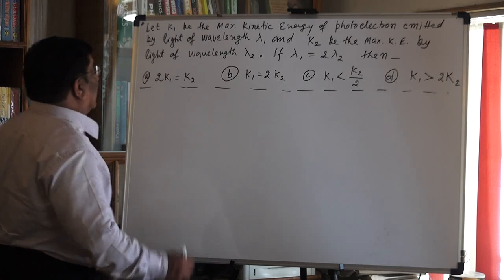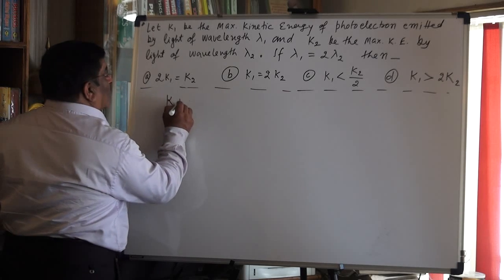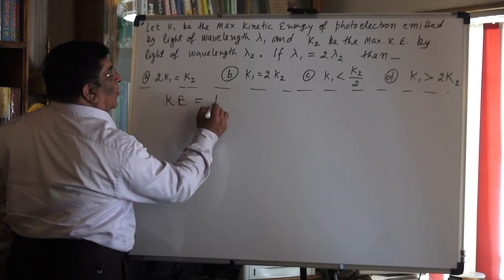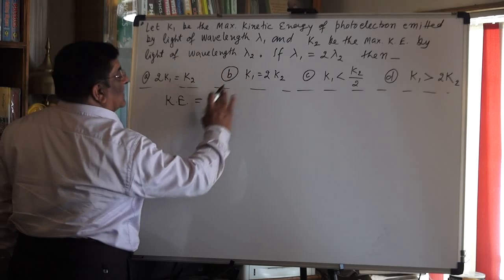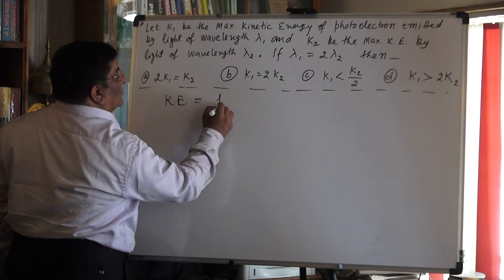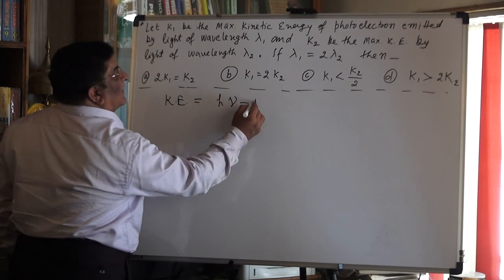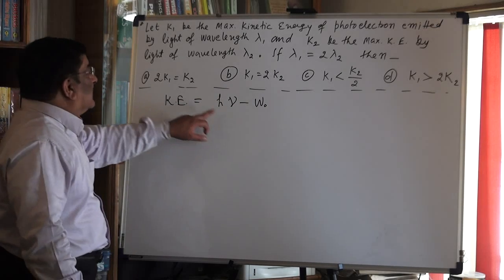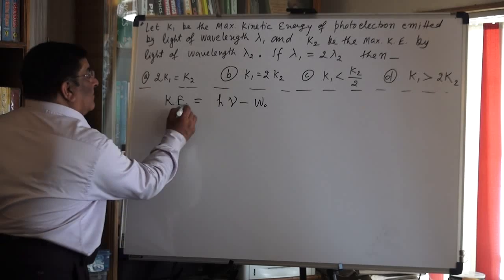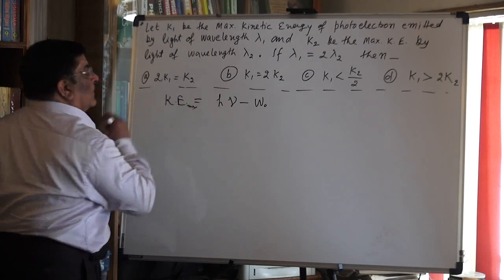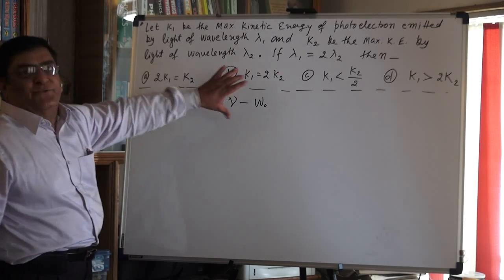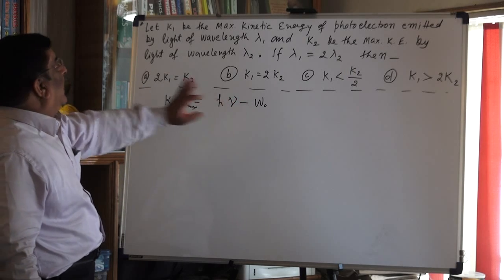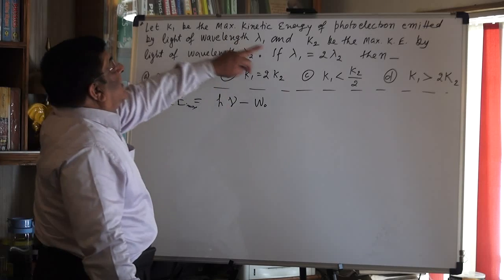We all know that the kinetic energy of a photoelectron is equal to the energy of the photon, that is h nu, minus the work function of that material. This gives the maximum kinetic energy. We have done this in theory. So kinetic energy is h nu minus W.